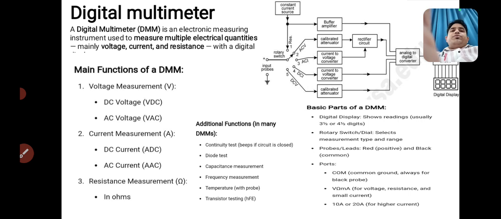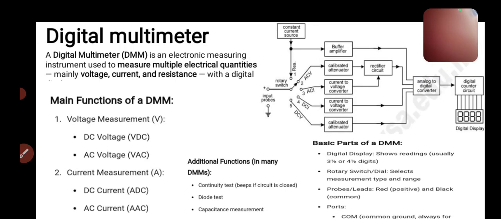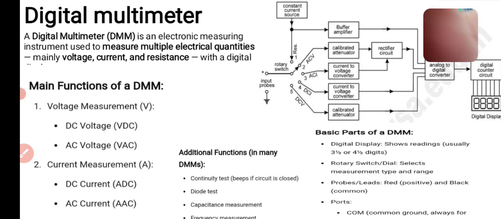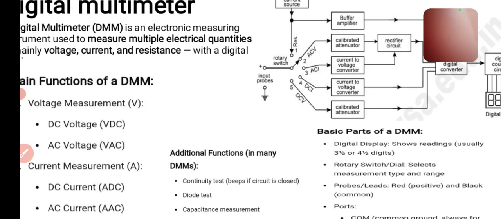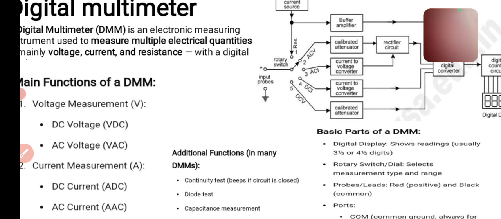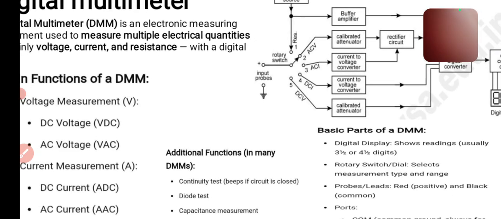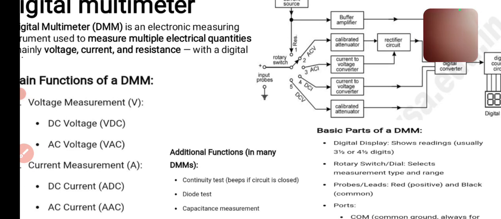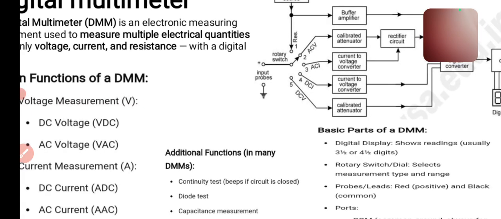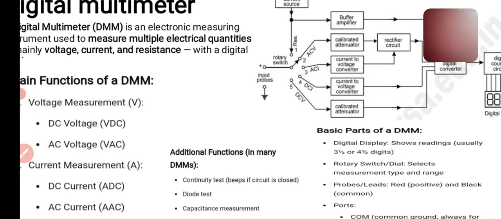Digital multimeter is one type of instrument. We can measure different types of components, current quantity, voltage quantity. The block diagram consists of one rotary switch, buffer amplifier, calibration attenuator, current to voltage converter, and calibration attenuator. The buffer amplifier is nothing but one type of rectifier, and the calibration attenuator is also one type of rectifier.